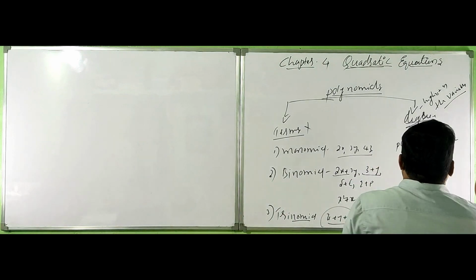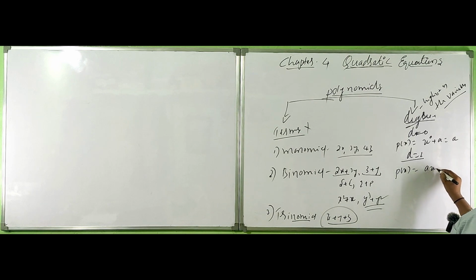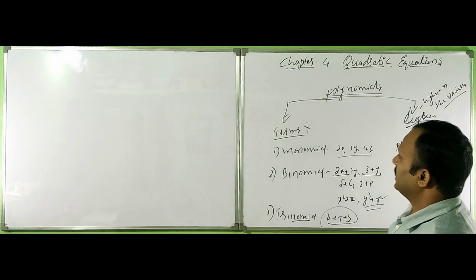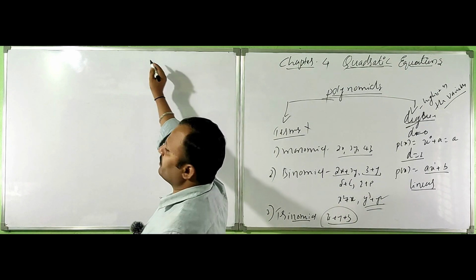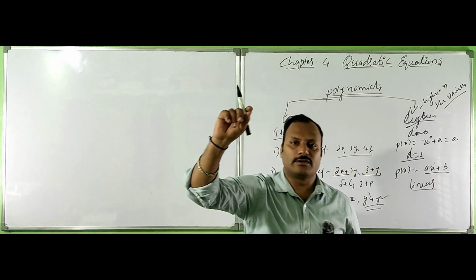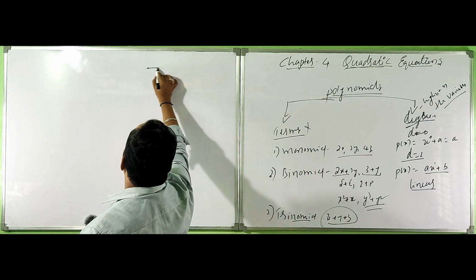If the degree is 1, it is called linear: p of x equals ax plus b. This is called linear. Linear means line, a single line.